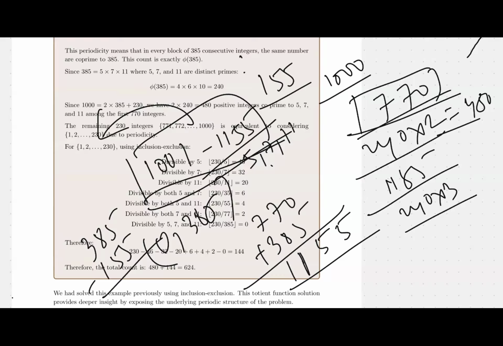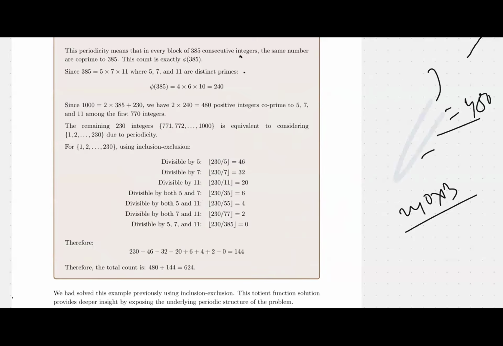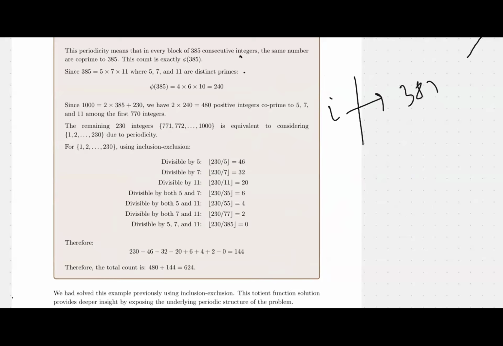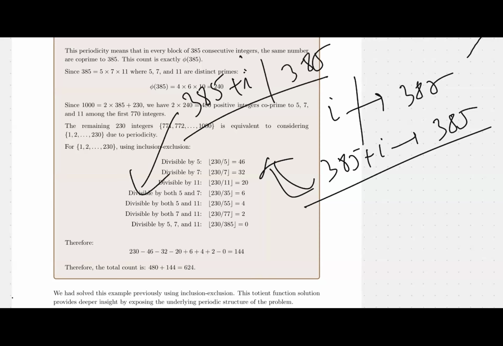So see, this is the way of tackling large numbers. Earlier we had shown, if I is co-prime to 385, then 385 plus I is also co-prime to 385. Correct? But it also means the reverse as well, right? If 385 plus I is co-prime to 385, then 385 plus I minus 385 will also be co-prime to 385, correct?